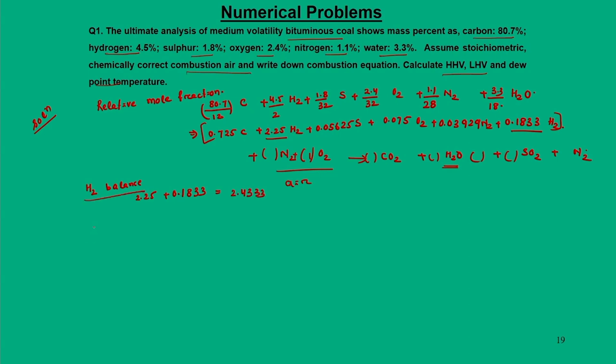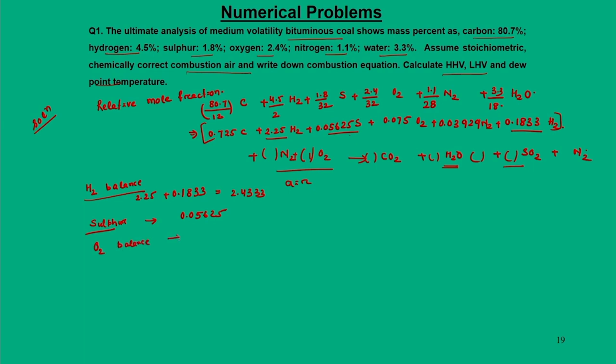So, that is the H2 balance. Then we have to do the sulfur balance. Sulfur stands as here and it will also give SO2. The same sulfur is being used, that means the product will have 0.05625.